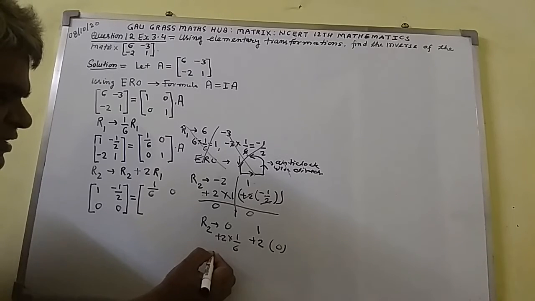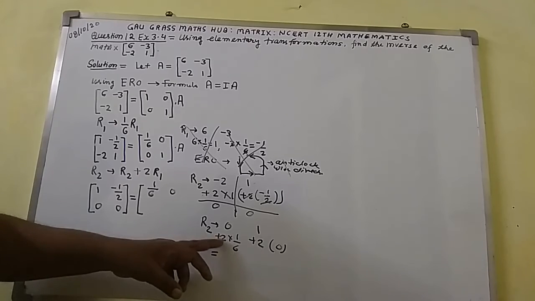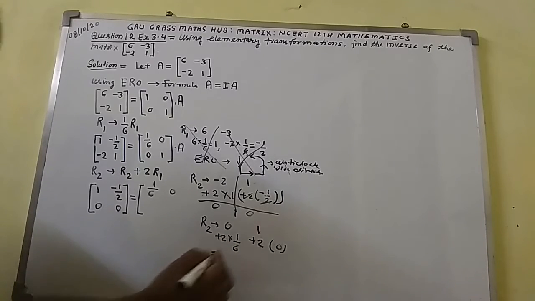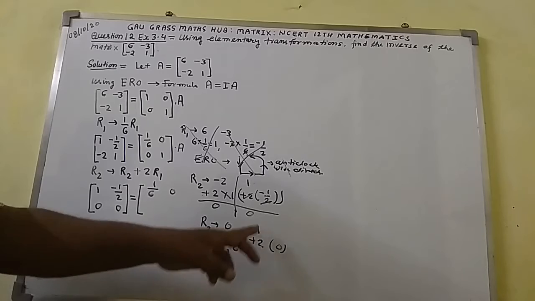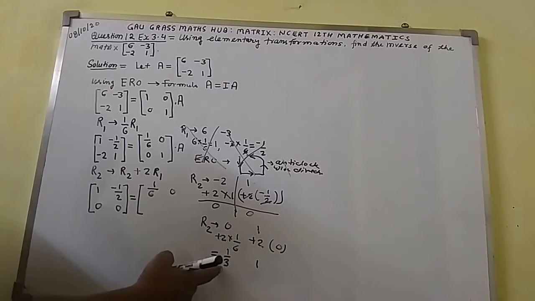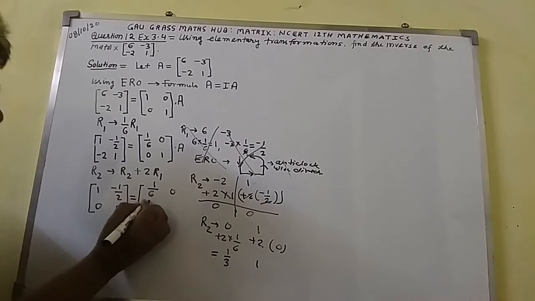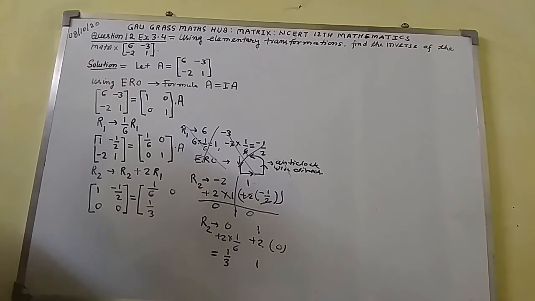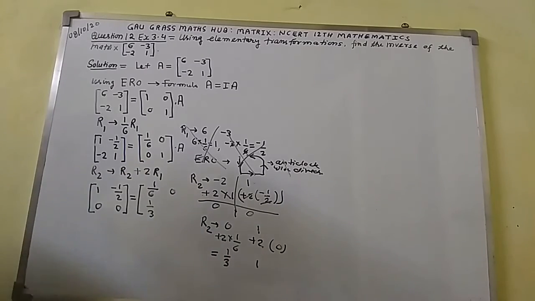So here you will get just an addition: 2 over 6 gives 1 over 3, and here you will get just 8. 2 times 0 comes out to 0, and 1 plus 0 comes out to 1. So in place of 0 I shall write 1 over 3, and in place of 1 I shall write 1.